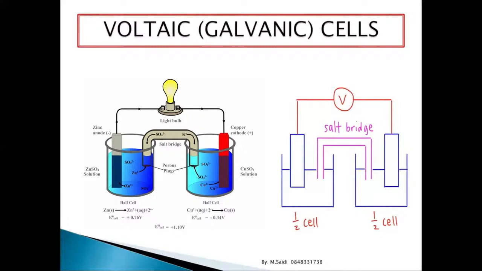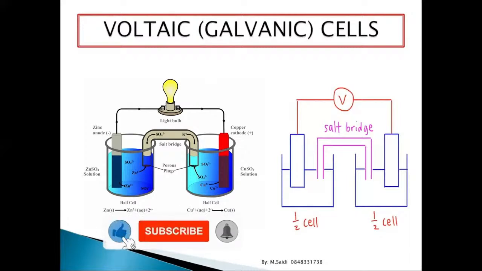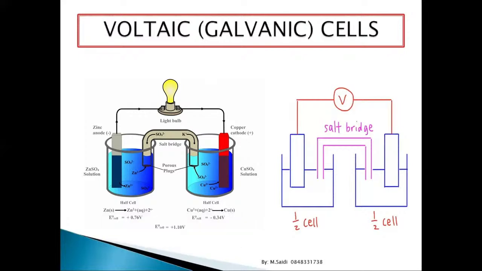An electrolytic cell changes electrical energy into chemical energy. The voltaic or galvanic cell is the reverse of the electrolytic cell. A galvanic cell changes chemical energy into electrical energy, which means it produces electricity.